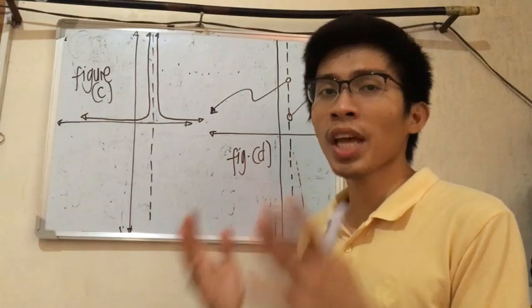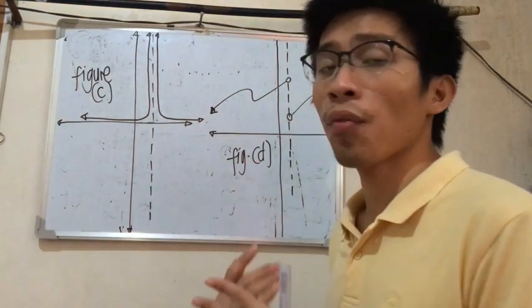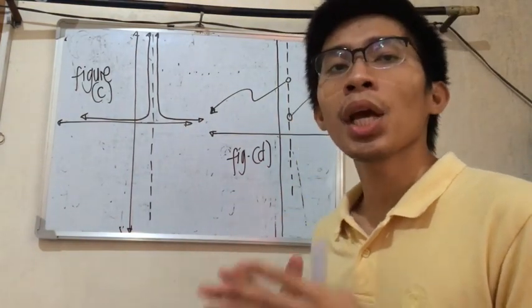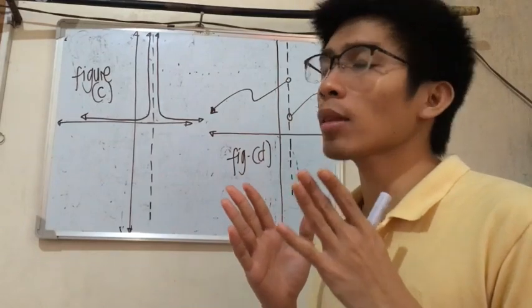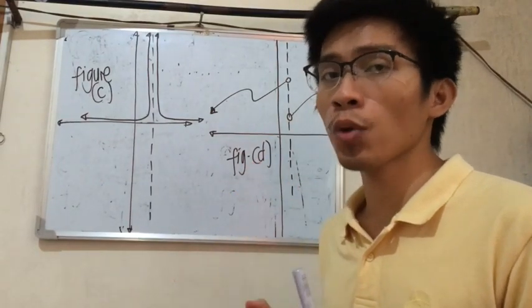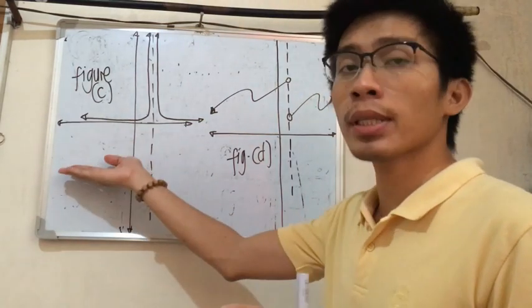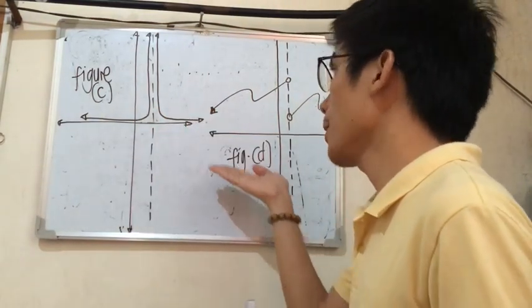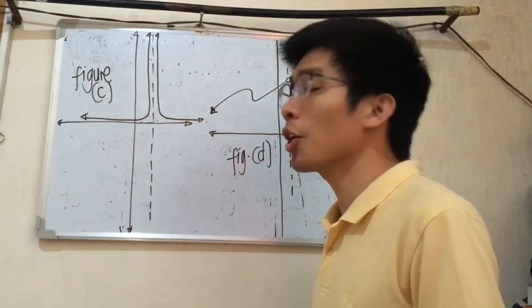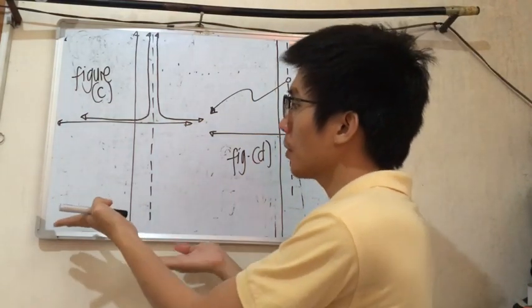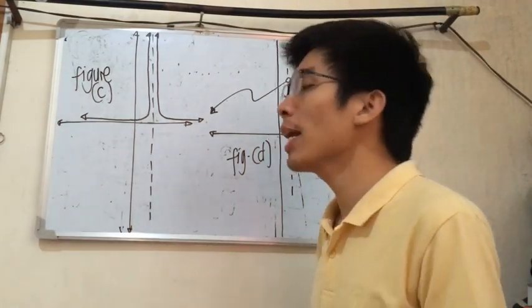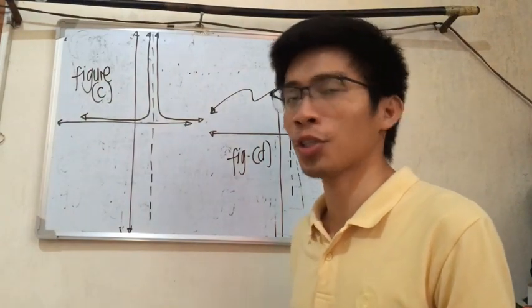Okay, to understand it more, I have another two figures to investigate, to see how discontinuity or continuity works. I have figure C and figure D. Let's try to investigate figure C. I have this graph, and obviously my graph is a rational function.